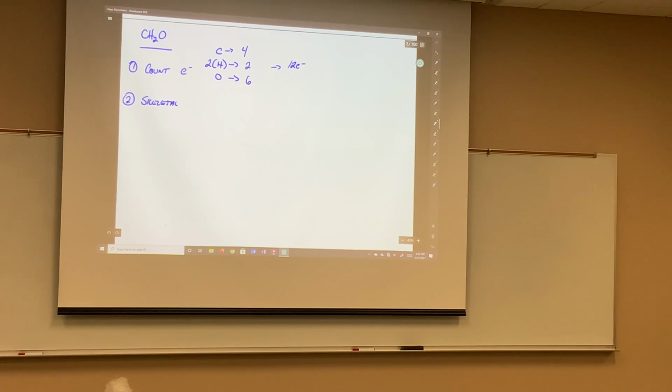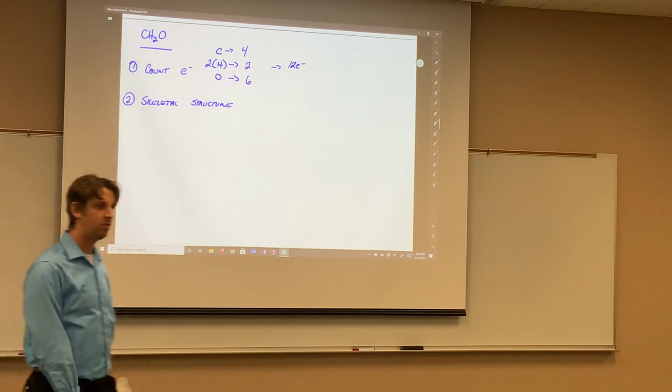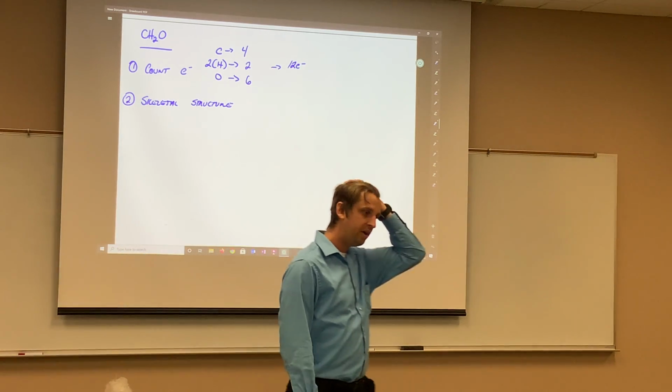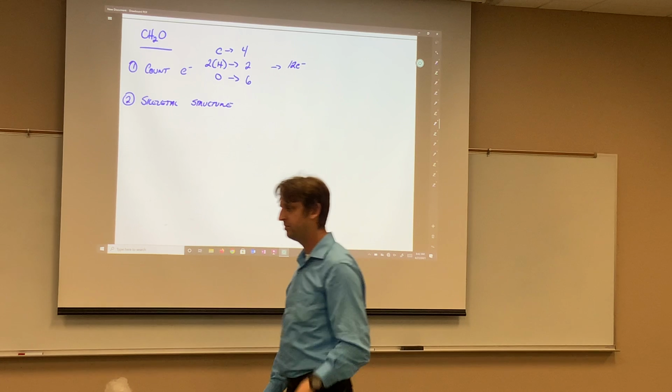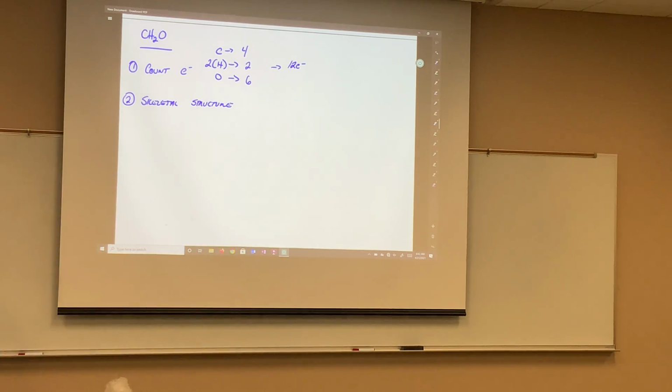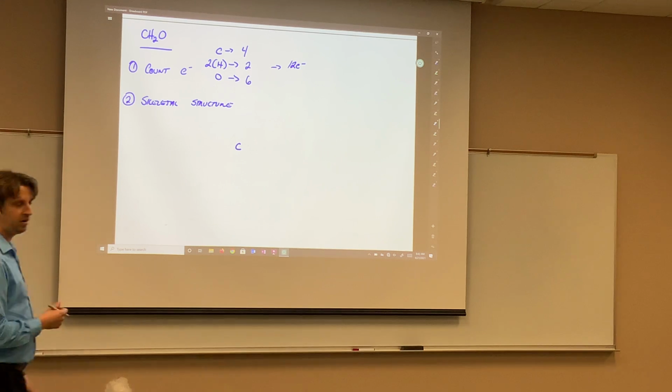Skeletal structure. Okay. So skeletal structure is where we build the basic shape of what we're going to draw here. And this is the other thing that you were mentioning when we went through our list of observations. We typically start by putting the least electronegative atom into the middle, okay?